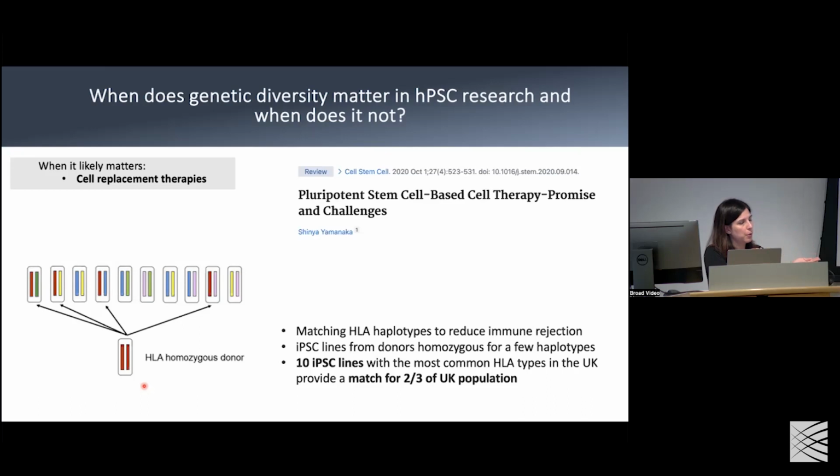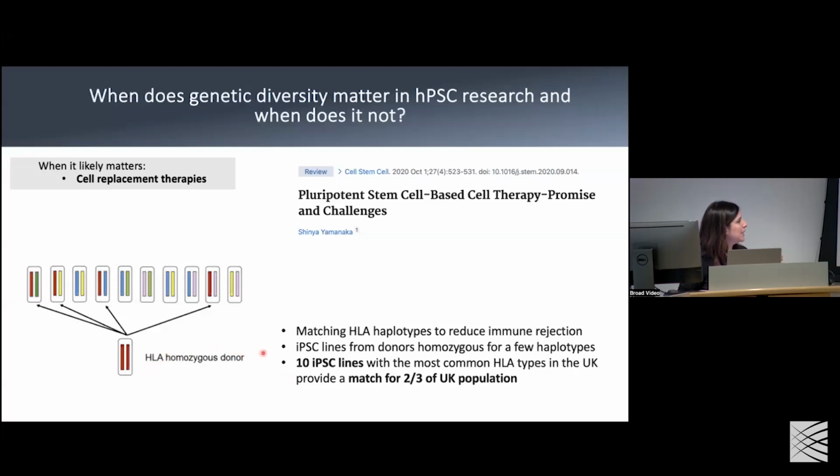So another approach that the field has adopted to circumvent immune rejection is to match donors by HLA haplotypes. In this approach, induced pluripotent stem cell lines are screened and identified from donors that are homozygous for a given HLA haplotype.